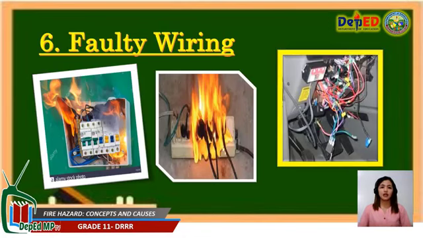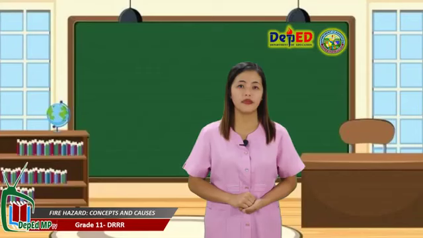Faulty wiring. Homes with insufficient wiring can cause fires from electrical hazard. Signs that you can observe if you have faulty wirings are: lights dim if you use another appliance. For an appliance to work, you have to disconnect another, and fuses blow or trip the circuit breaker frequently.